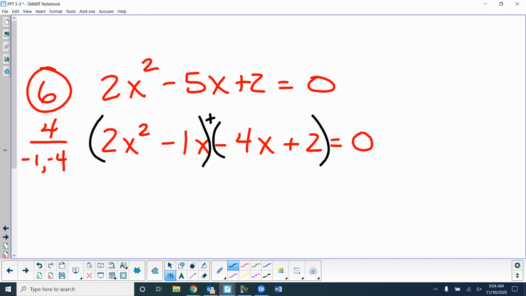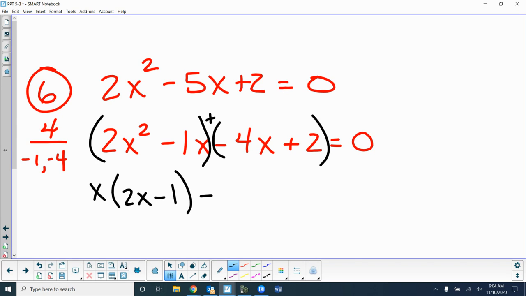What do I look for now? GCF. What goes into both of those? 1x, right? What's 2x squared divided by 1x? 2x. What's negative 1x divided by 1x? Negative 1. There's a negative there.